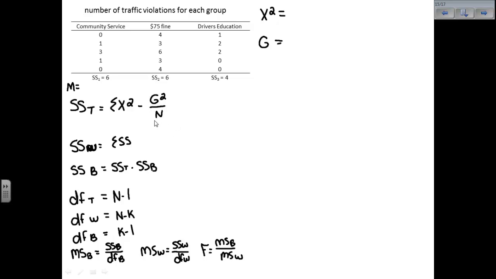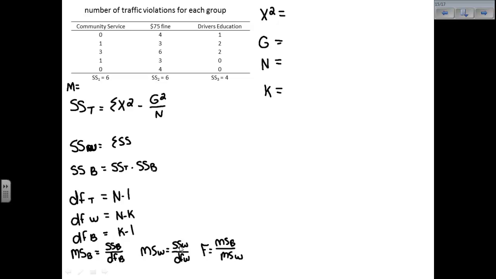Going to need N, uppercase N. Got my sum of squares already. Keep on going. Oh, I need K. And I think that's it. That'll do.